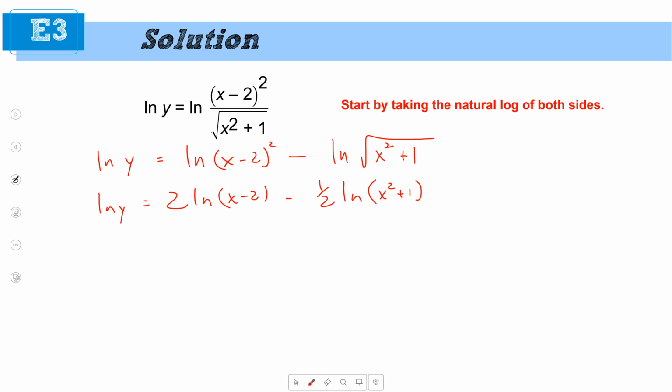There's not much else I can do with my log properties, so now the calculus kicks in and I start taking derivatives of both sides. So what is the derivative of the natural log of y? Y prime over y. Okay, whatever that thing is, take the derivative of it and put it over itself.